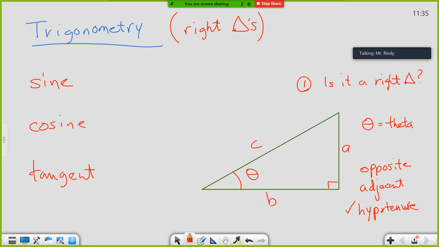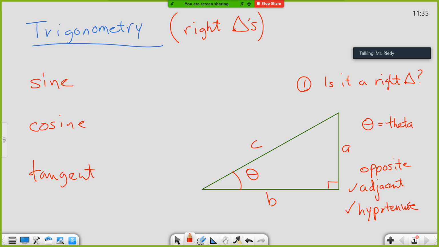C. Could be C or B. Or B. Correct. So how do we know which one it is? Well, I'm going to answer my own question. Maeve already told us that C is the hypotenuse, so therefore it has to be B. So the adjacent side would be the side that's next to the angle, but not the hypotenuse. Okay, so we got that taken care of.